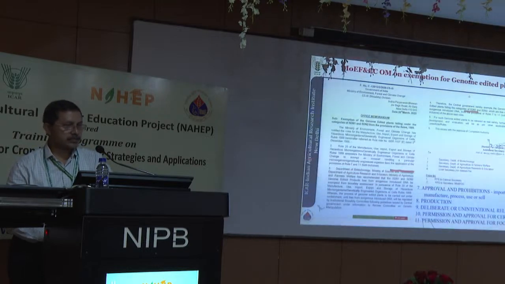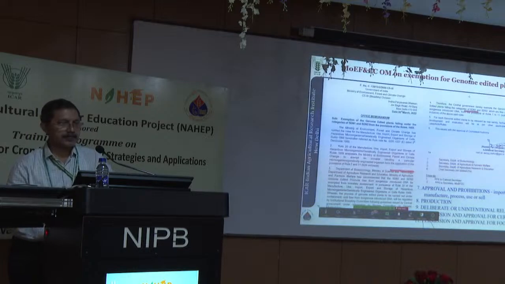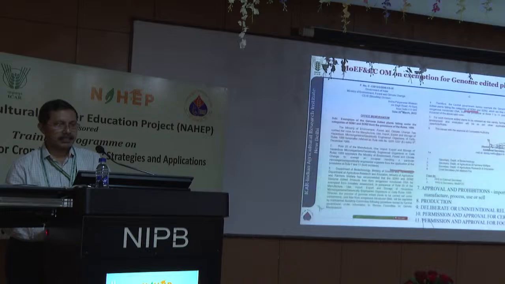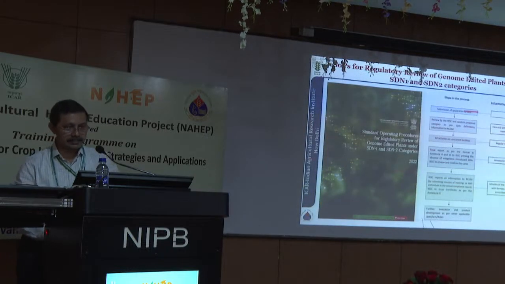For these 4 rules it is exempted. That is, once you prove that the SDN1 and SDN2 mutants are free of exogenous introduction, you don't need to get permission for import, export, transport, production, or deliberate or unintentional release into the environment to cultivate these crops. All these are exempted and this policy is in place.